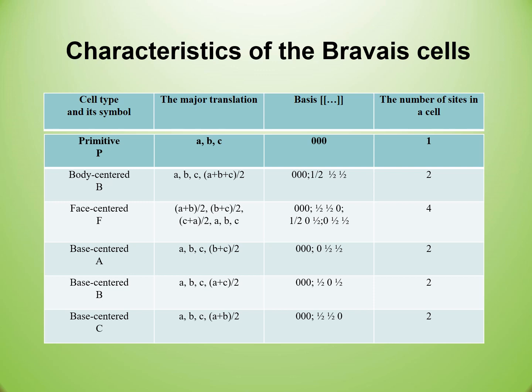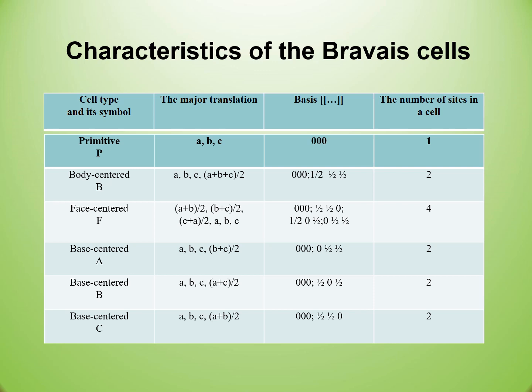You can see the translation group for primitive only 0, 0, 0. The number of sites in a cell only 1. For the body-centered, it depends on the phase, maybe A, B, C, and A plus B plus C divided by 2. The translation group 0, 0, 0, 1/2, 1/2, 1/2.